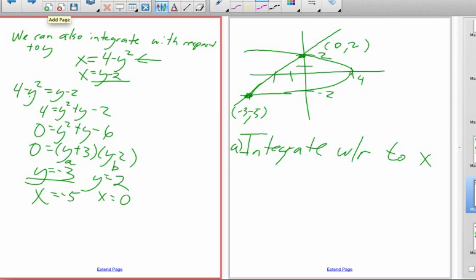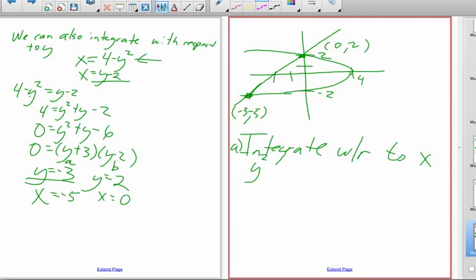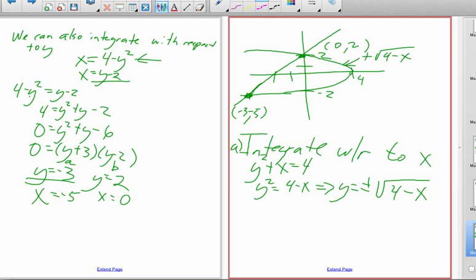Move my y squared, so I'm going to end up with y squared plus x equals 4. Or y squared equals 4 minus x, which gives me y equals plus and minus the square root of 4 minus x, where this is the plus square root of 4 minus x, and this is the negative square root of 4 minus x. It's on bottom.